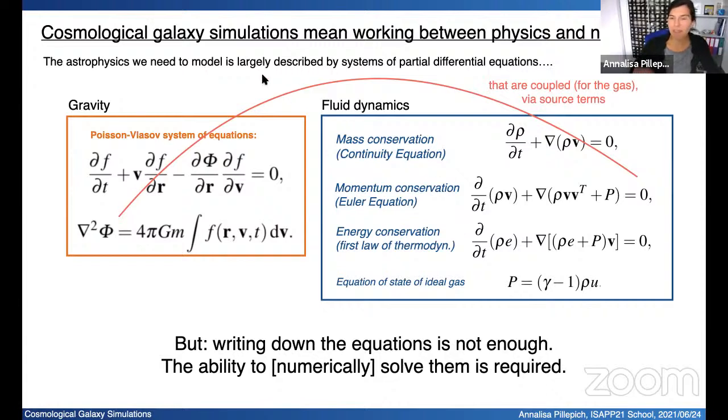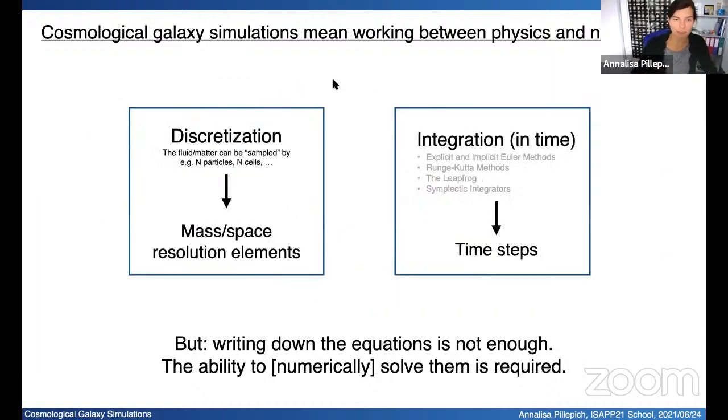But writing down the equations is not enough because we need to solve them, and in general we can only do it numerically. Numerically solving this kind of equations means basically doing two fundamental things: discretize and integrate. Discretization means that the fluid and matter components can be sampled by N particles or N cells.